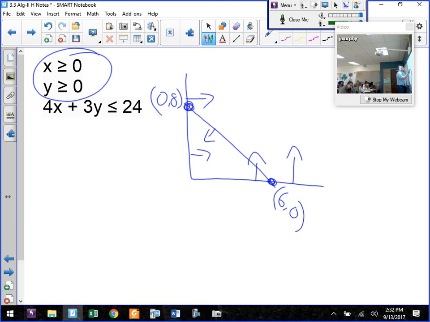So what you've created here is a shaded region that forms a triangle. What's the ordered pair here? What's the length from here to here? Very good. It's 10. It's a 3, 4, 5 triangle.